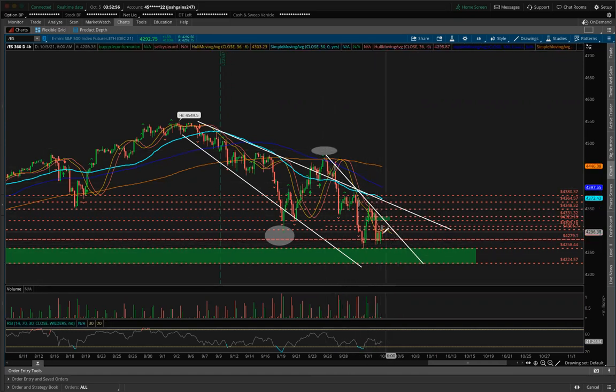around like this. So that does tell us that, okay, that push over 43.20, and especially 43.30, could take us to test our broadening formation right here and our 50 moving average as well. So just little things you can take into consideration. We also have a trend line down here as well.